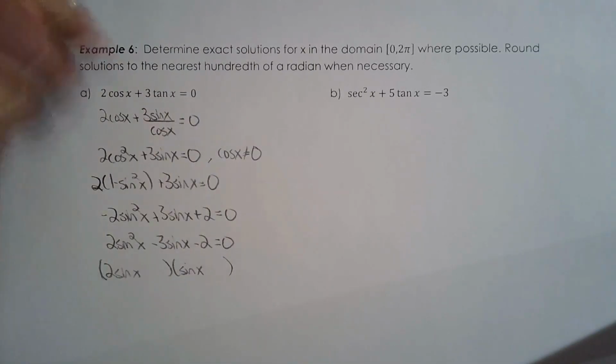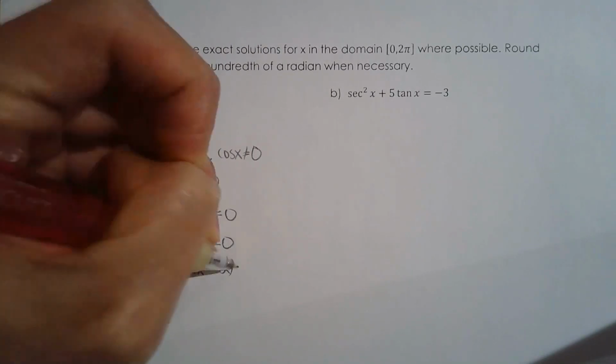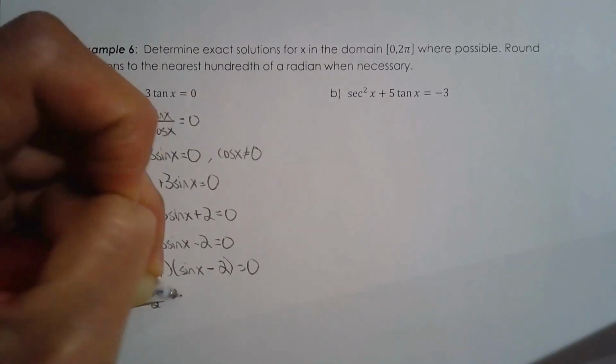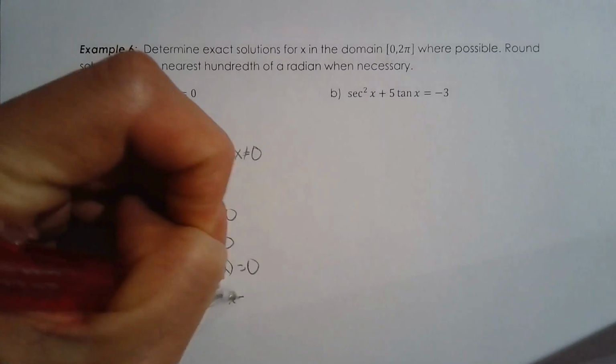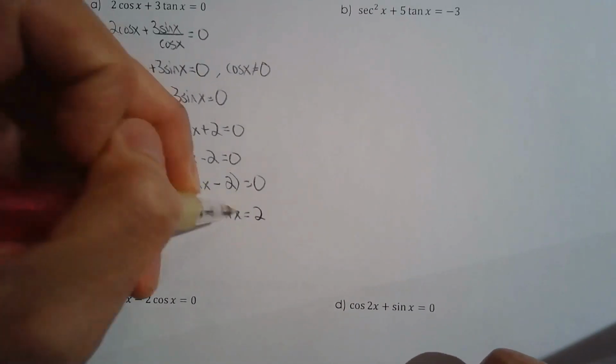Factor. So I want to make a 4, a negative 4 in fact. Okay, beautiful. Sine x equals 2.